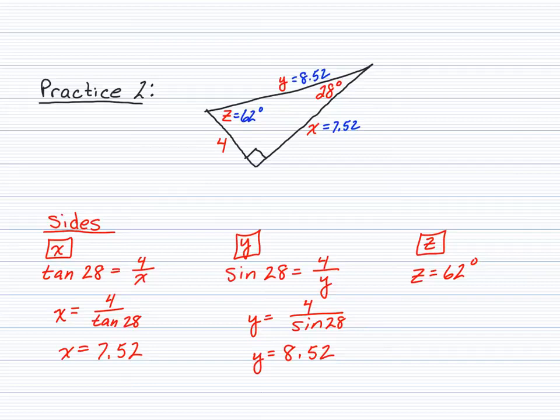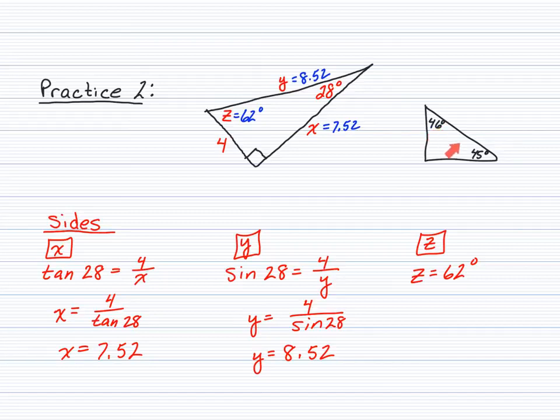Now, what I want you to think about also is, what if you had a right triangle where you had like 46 degrees and this was 45 degrees? Well, in this situation, this angle is larger than this angle, which means this side has to be longer than this side.